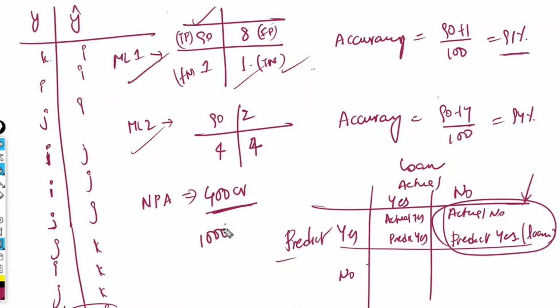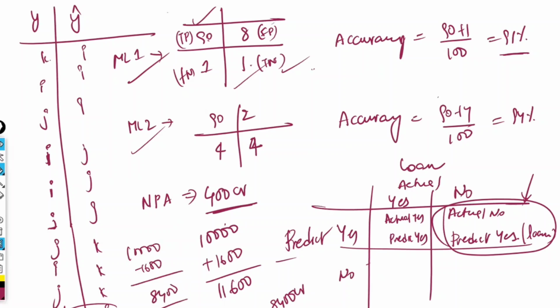Actually, 10,000 plus this 1600 should be positive. In total they should actually get 11,600 crores. But due to these people who have taken the loan and are not repaying, the bank is getting just 8,400 crores only. 10,000 minus 1600, which is 8,400.